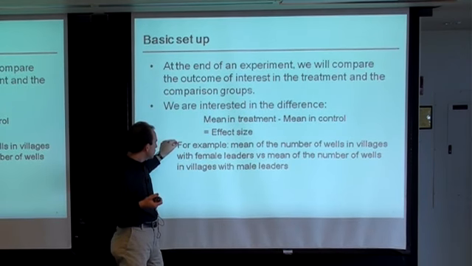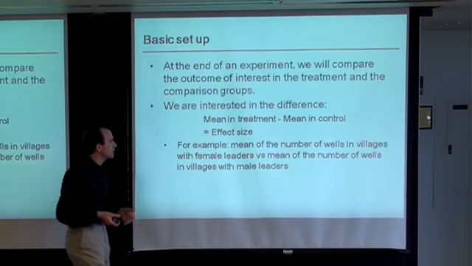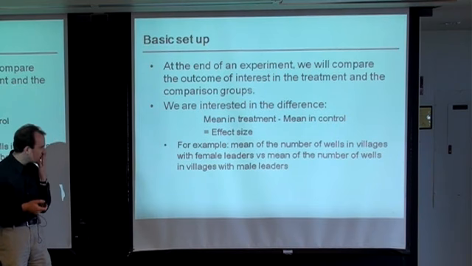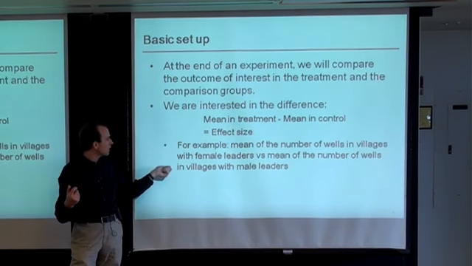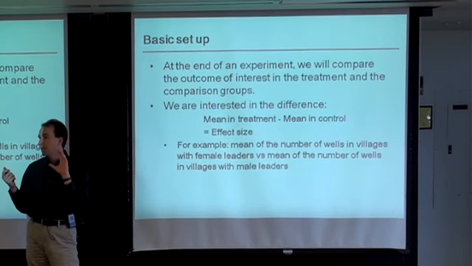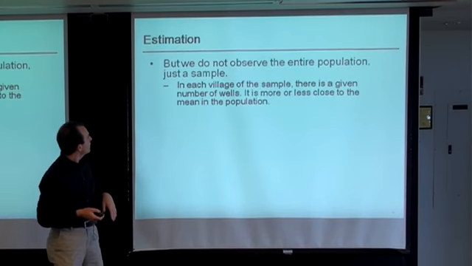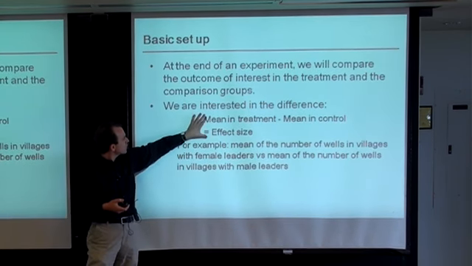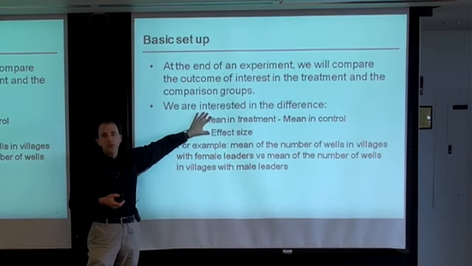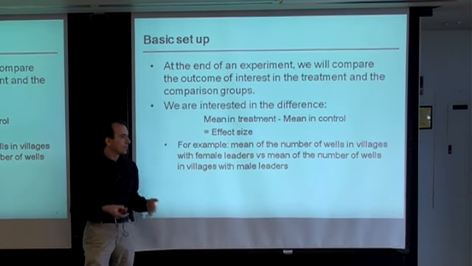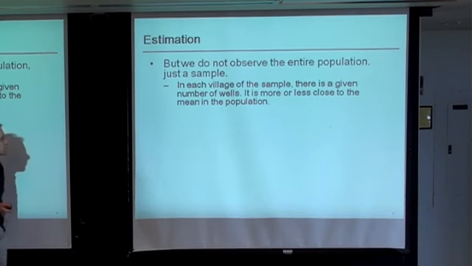So for example, in the panchayat case, you'd look at the mean number of wells in a village with the female leaders, versus the mean number of wells in the villages with the male leaders. Okay, so that's in some sense our estimate of how big the difference is, and then the question is going to be, how likely would we have been to observe this difference between the treatment and the control group if it was just due to random chance? Okay, and that's what we need the statistics to figure out.